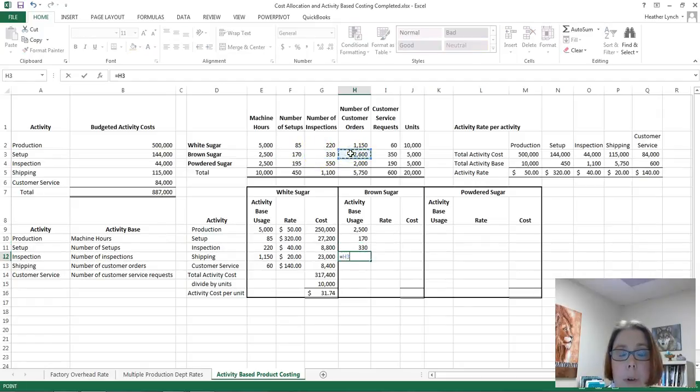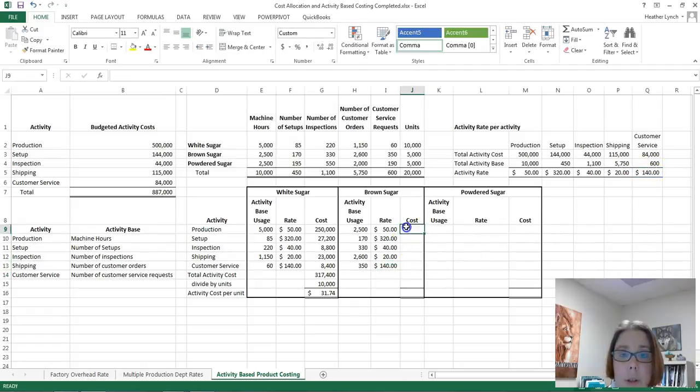Shipping was based on number of customer orders, and customer service was based on customer service requests. Our rates for production, setup, inspection, shipping, and customer service. Multiply those out.